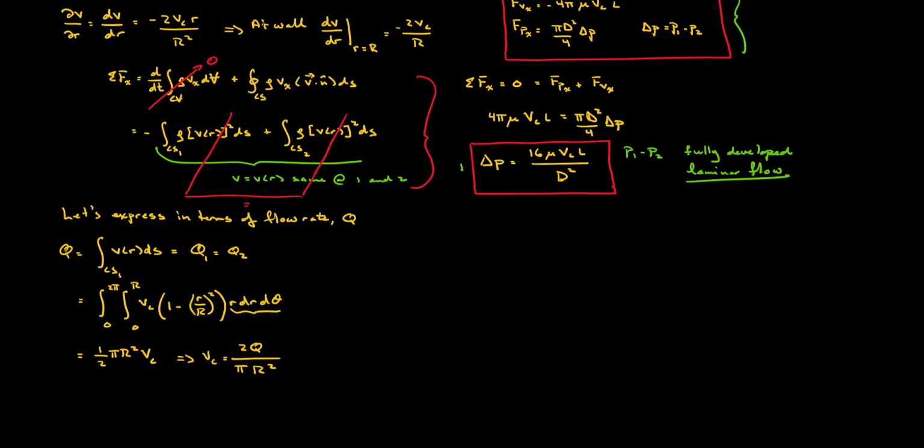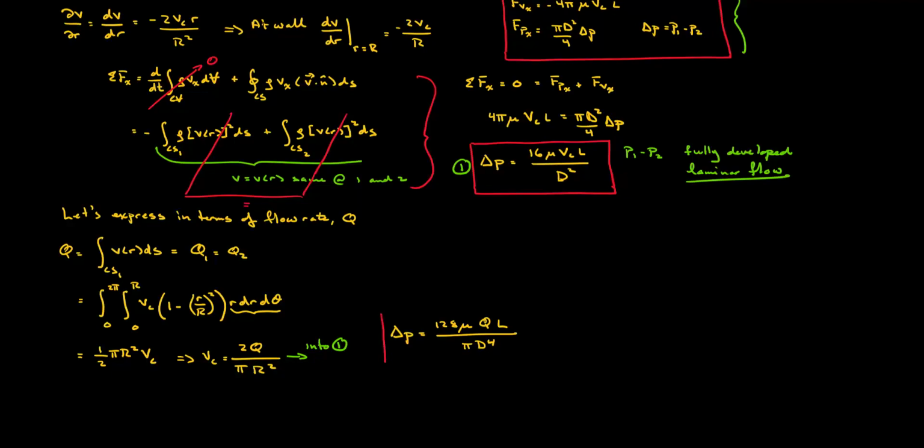If we call our previous result equation 1, we are going to substitute into equation 1. Substituting this expression for Vc, we find that delta P is equal to 128 multiplied by the dynamic viscosity, the volumetric flow rate Q, the pipe section length L, divided by pi d to the power of 4.